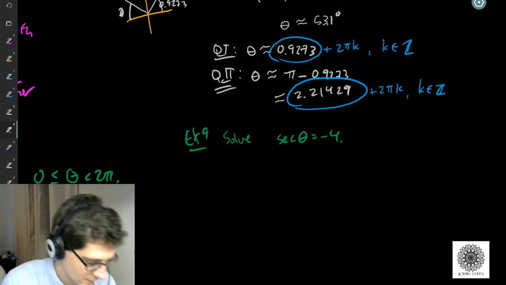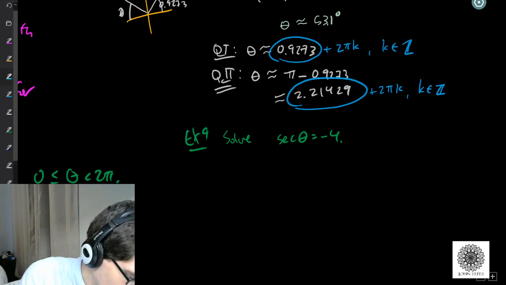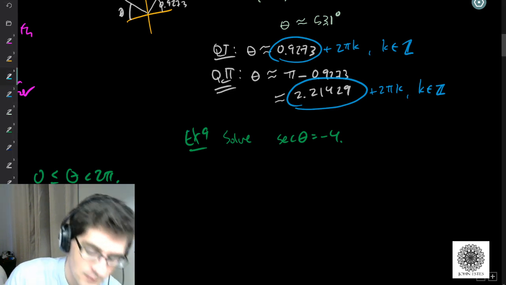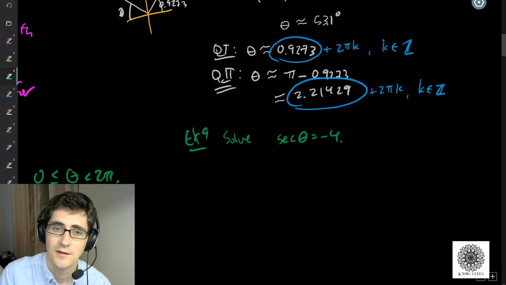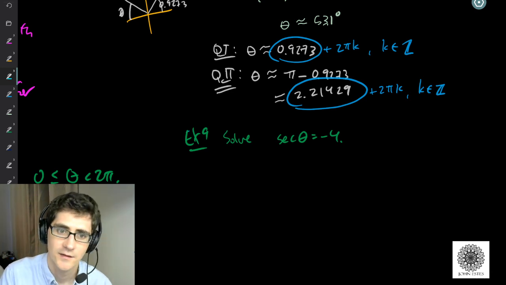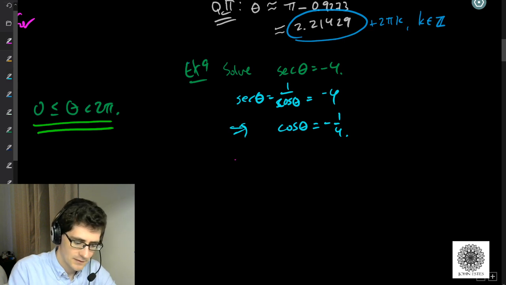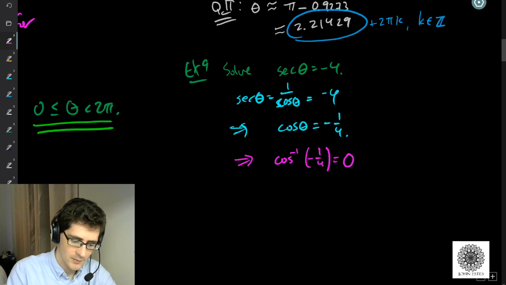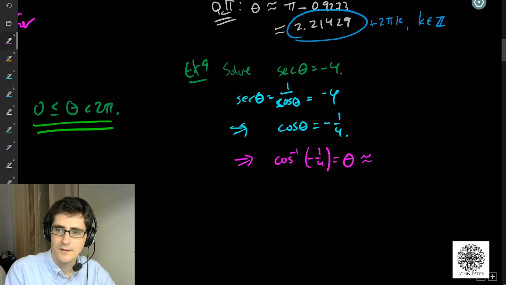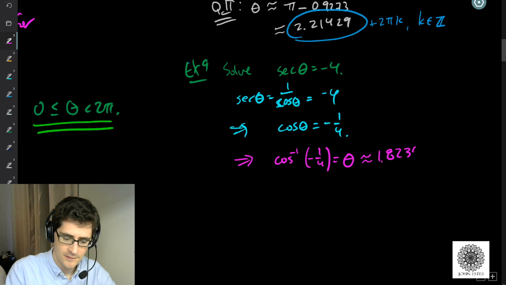Okay, so for example, in this one, I don't want to address the equation secant theta equals -4 because I don't know that much about it. But now, instead I use cosine inverse or arc cosine of -1/4, that's going to be my theta, and that will be approximately 1.8235.